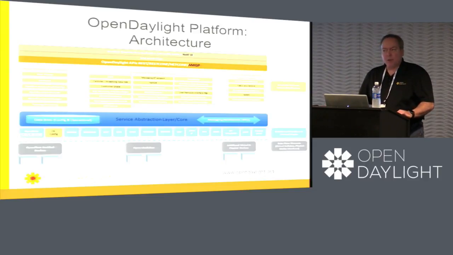Again, Messaging for Transport is what has given us AMQP. The NetIDE project is one that actually allows for other controllers to call upon OpenDaylight to act as their SDN controller. So it's a way of actually allowing for some level of portability across the different open SDN controllers that are out there.